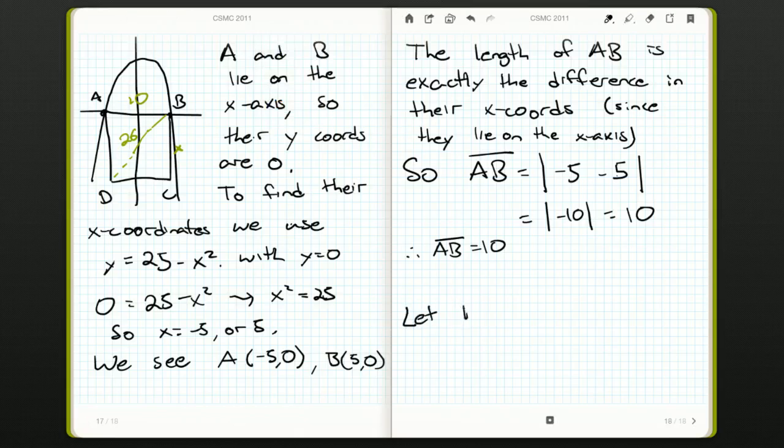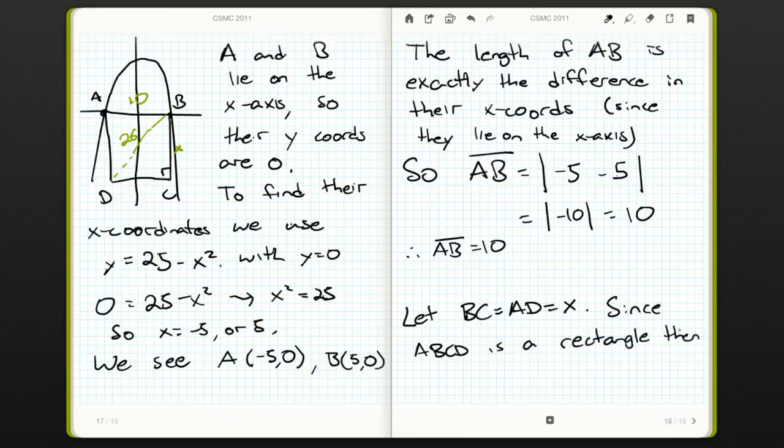So let BC and AD, the two lengths, be equal to x. Now, since ABCD is a rectangle, then the triangle, let's say BCD, has a right angle.